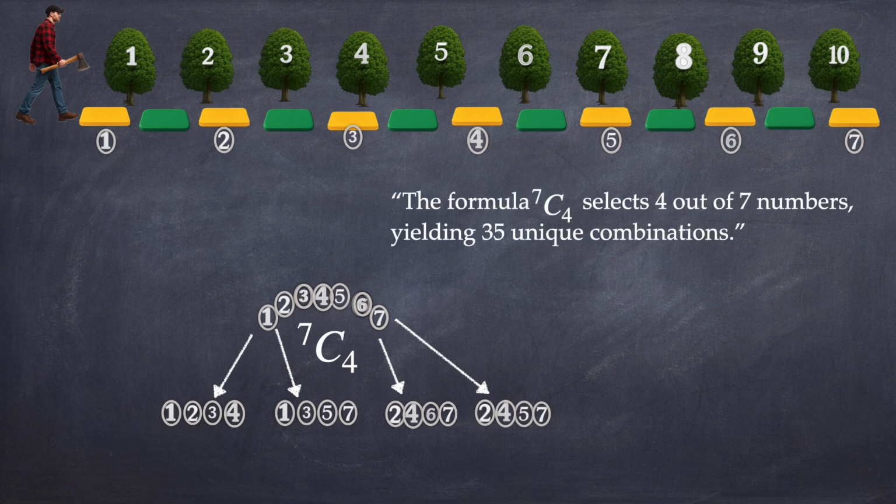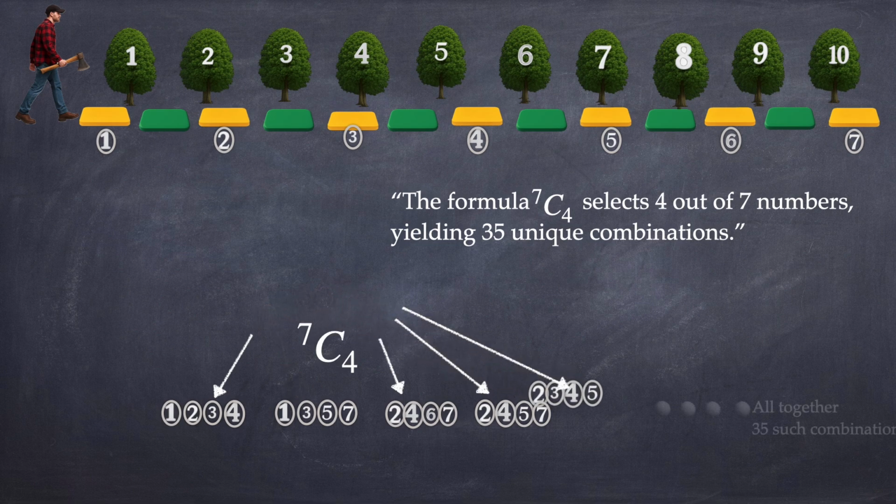Each possible combination precisely identifies the 4 specific trees to be selected for cutting from the original group of 10, a process we will verify momentarily, and there are a total of 35 such varieties. Consequently, each resulting combination uniquely identifies the 4 particular trees for cutting from the 10.